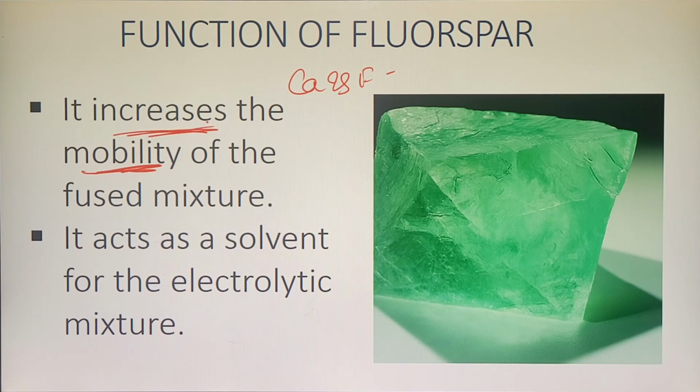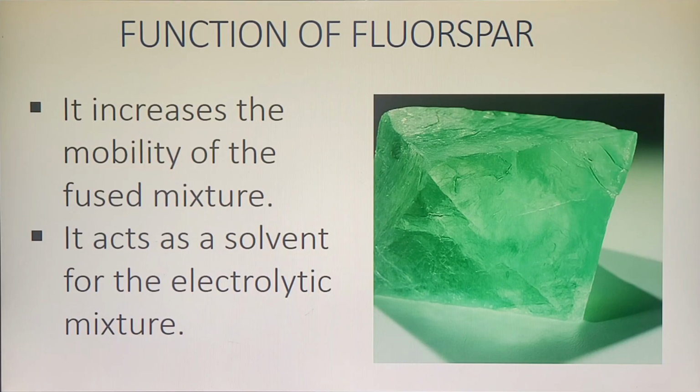More easily these ions will be able to move through the electrolyte. Okay? And the second most important thing is it acts as a solvent. Okay? Now solvent means it acts as a liquid into which I can dissolve my alumina. Okay? So it will help it to move faster, plus it will act as a solvent.